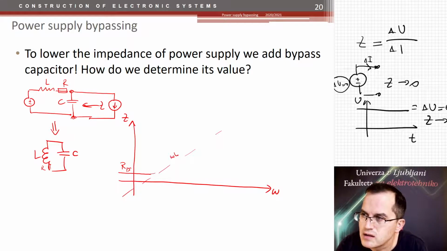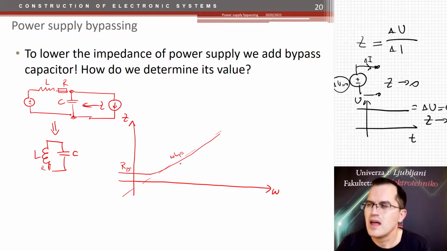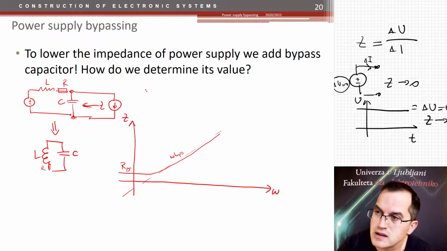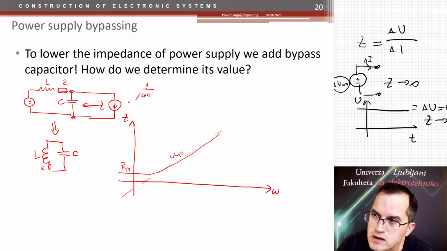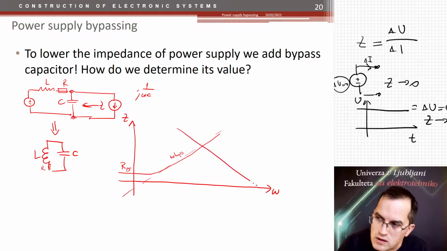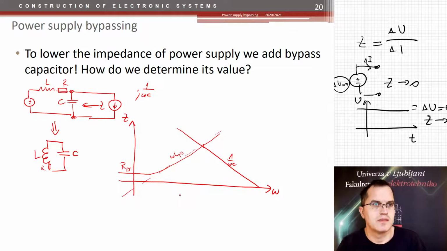And then we put the capacitor. The impedance of the capacitor is 1 over omega C, right? So it goes down, 1 over omega C. Here we have a resonance.